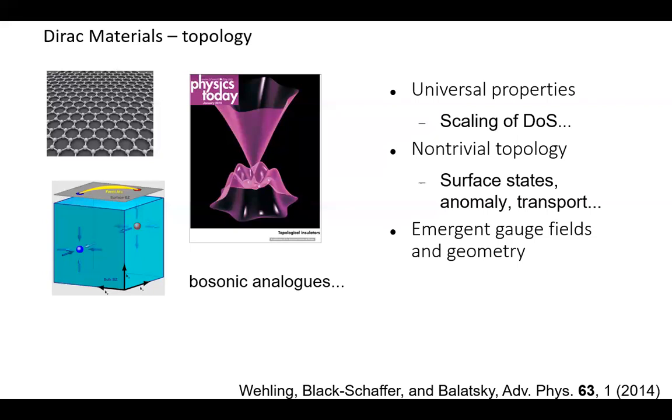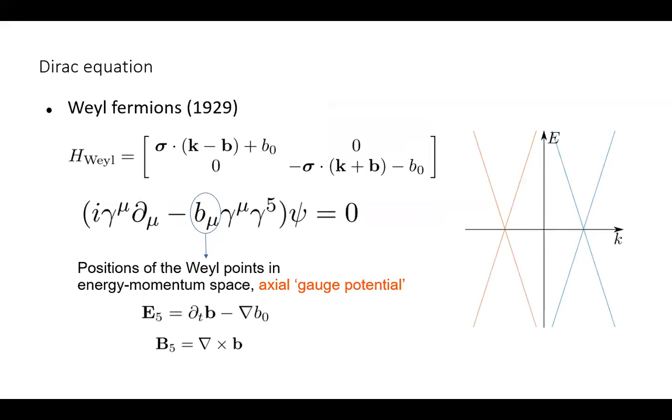Okay, and so in these Dirac materials or Weyl materials, what you see is that you have two Dirac cones, or a number of Dirac cones, and the position of the Dirac points is shifted by something called vector B. Now, if you do this in 3+1 dimensions, you can have all these chiral matrices, and there's this gamma 5 matrix.